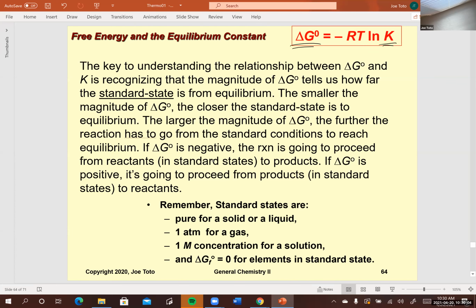The magnitude of delta G tells us how much energy we might be able to extract if it's spontaneous, or how much energy we would have to supply to make it spontaneous if it was possible. And that speaks to the fact that the magnitude of delta G tells you how far that standard state, when everything is 1 molar, is from equilibrium.